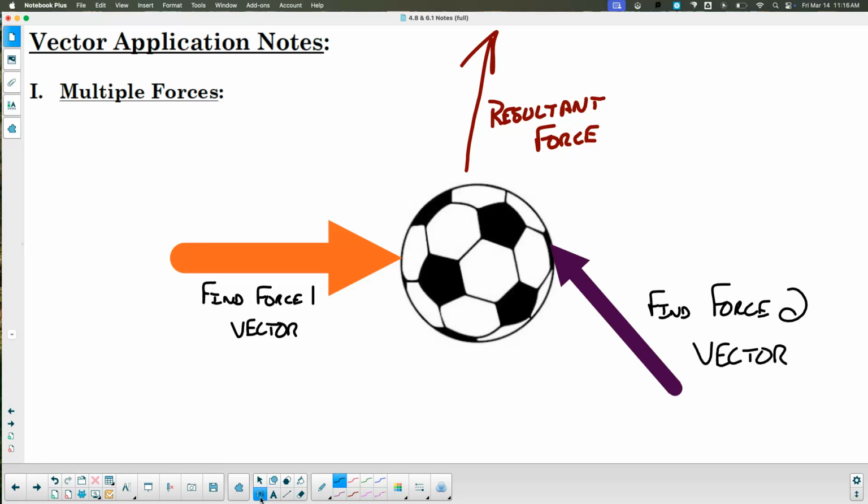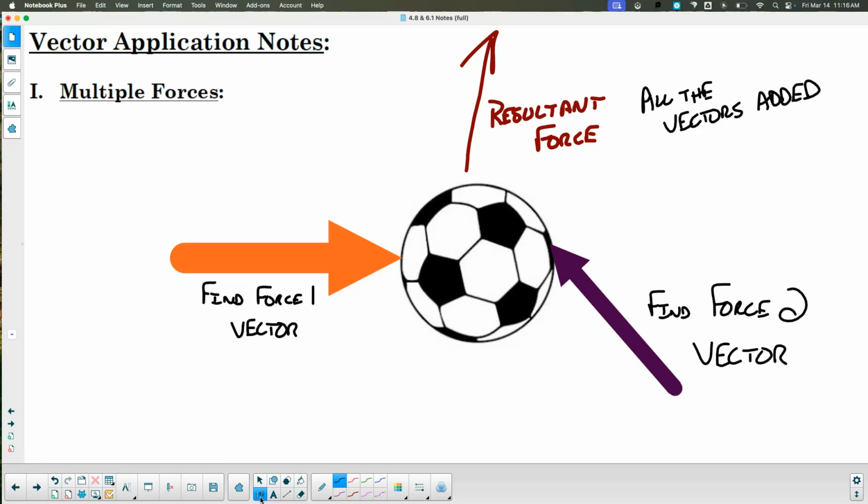And what are we going to do with those two vectors? Say it loud. We're going to add them together. And the resultant force is going to be all the vectors added together. Okay? That's going to be our resultant force.